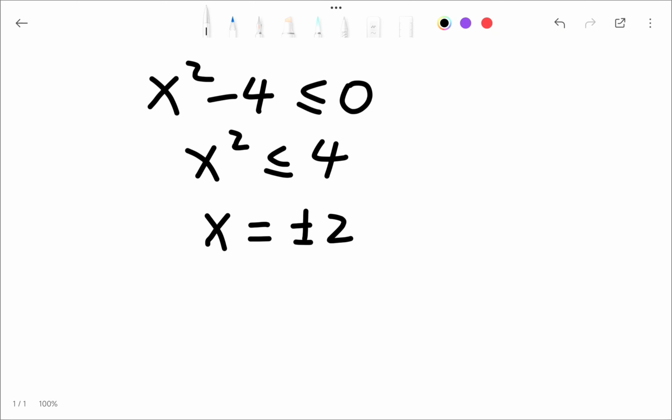If it was an equation, the answer would be positive and -2. So, as mentioned earlier, we need to look at the inequality sign at the very last step of the working. In this case, it remains less than or equal to. In this case, we write the answer like this. x is in between these two roots.